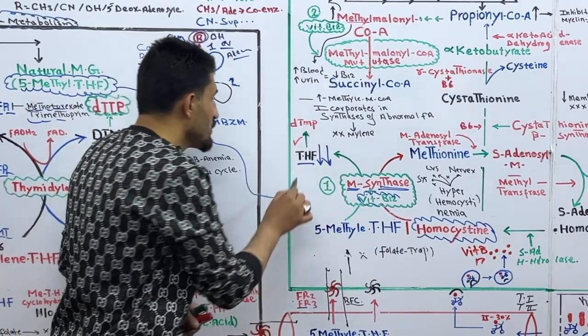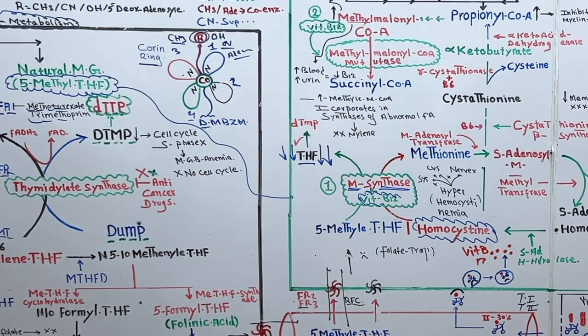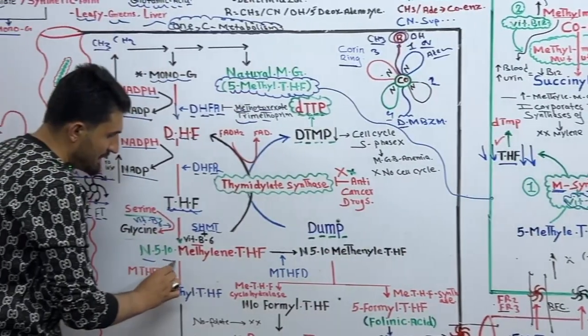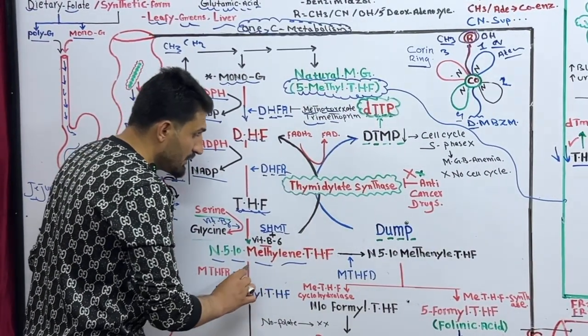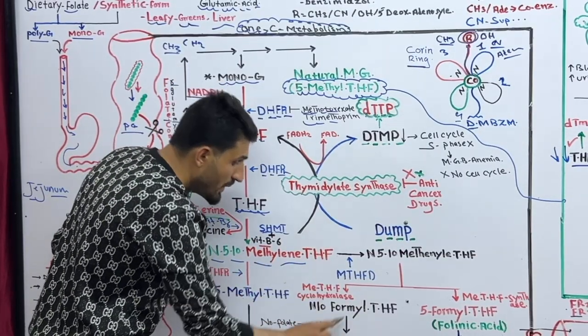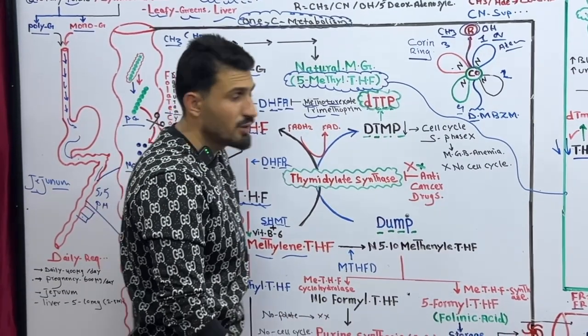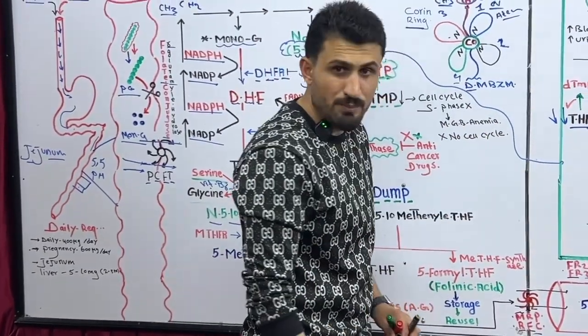If we don't have enough tetrahydrofolate, we cannot make 5,10-methylene tetrahydrofolate. And if we don't make this, we cannot make purine, adenine, and guanine. So we cannot produce new cells. This is one important point.